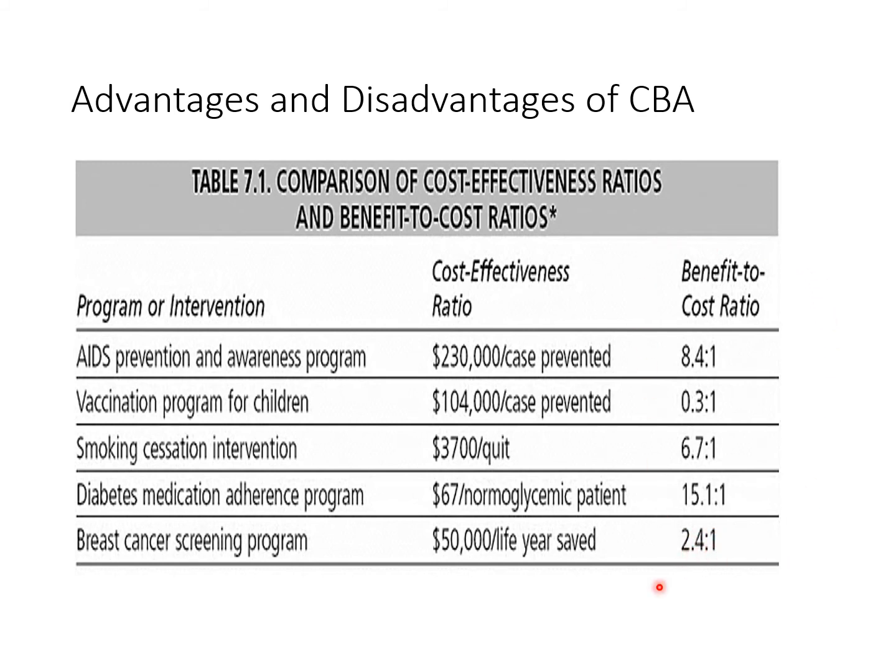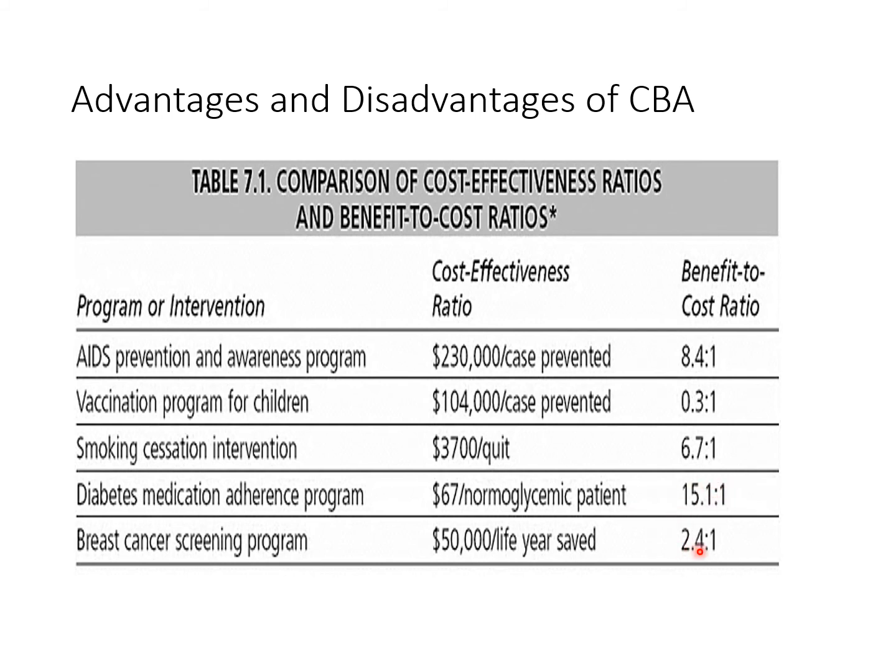Now, looking at benefit to cost ratios, we can simply order these ratios descendingly. So we can say now the most cost beneficial program would be the diabetes medication adherence program, because it has the highest benefit to cost ratio, almost $15 per each $1 spent.